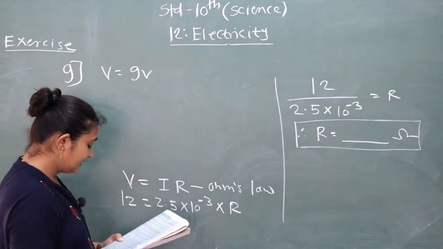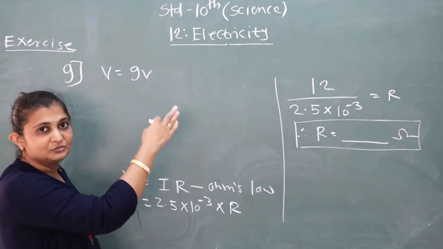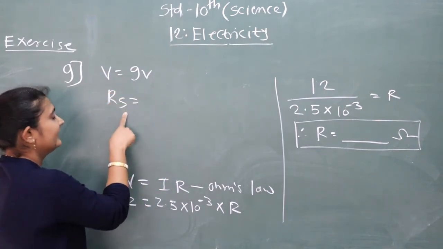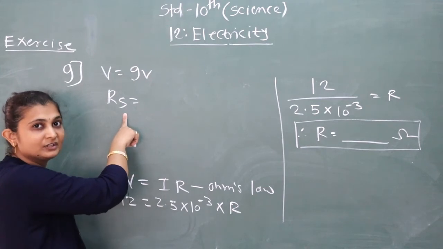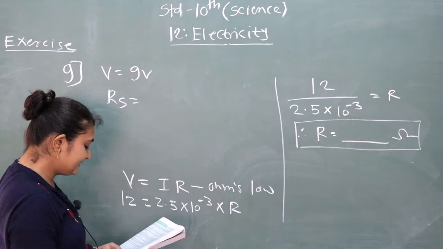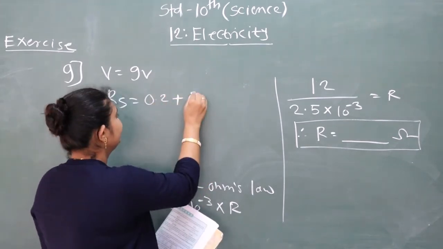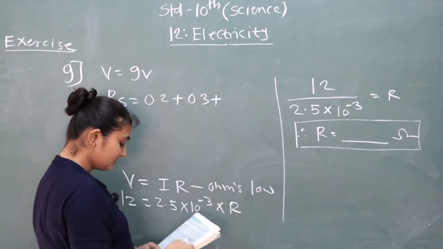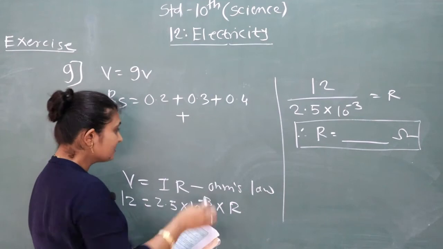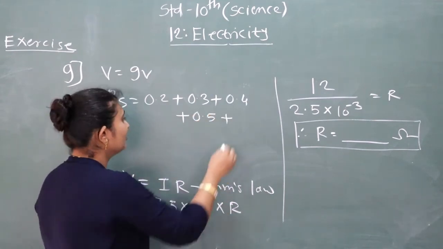Correct? Now write R1, R2, R3, R4, all the values. First of all, I calculate RS, the equivalent resistance for the series connection. Tell me the values of all the resistors. 0.2 plus 0.3 plus 0.4 plus 0.5 and finally plus 12 ohm.